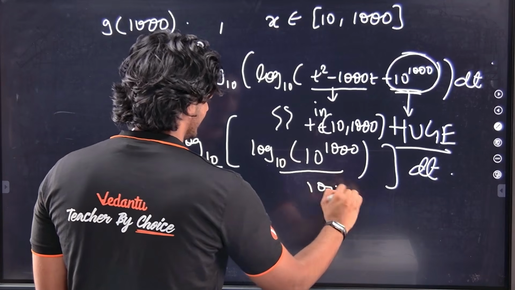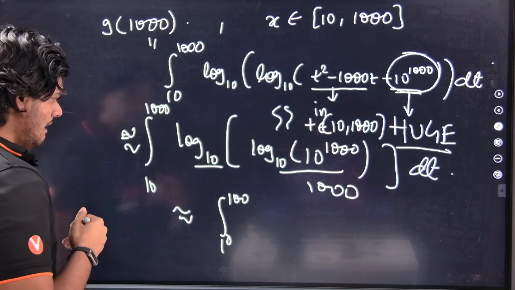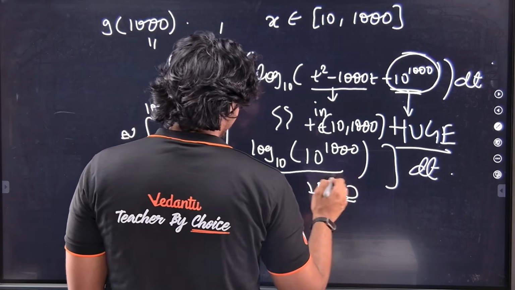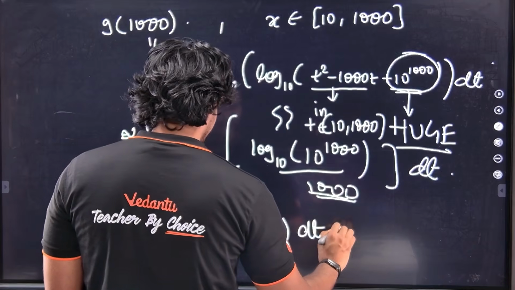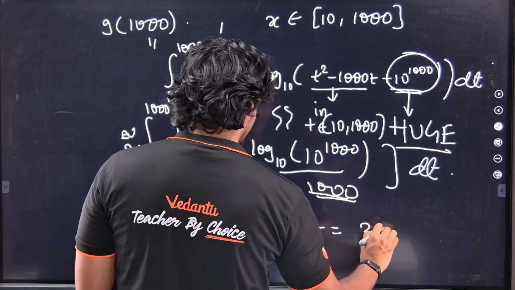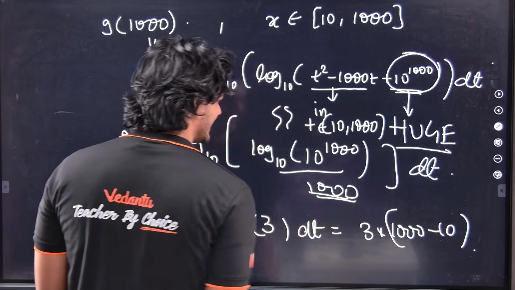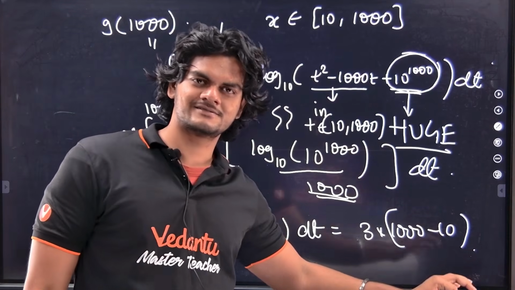This is 1000, right? Sorry about that. And if you take log again, you'll get 3 dt. So you will basically get 3 into 1000 minus 10. That is the approximate answer. Approximately g of 1000 would be this.